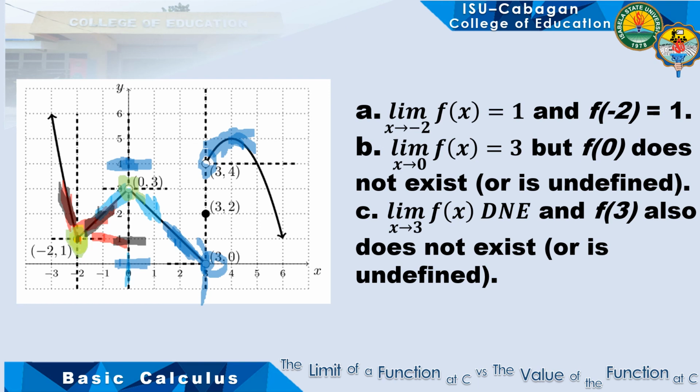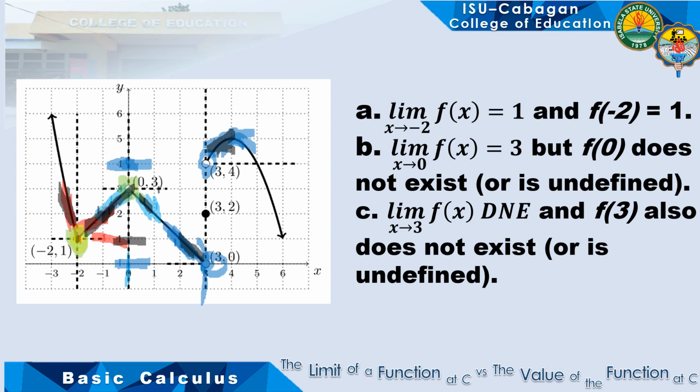Dito naman, habang ina-approach nila si 0, ang value ni y ay 3. Dito naman, habang ina-approach nila si 3, dalawa ang value. So, therefore, does not exist yung limit.